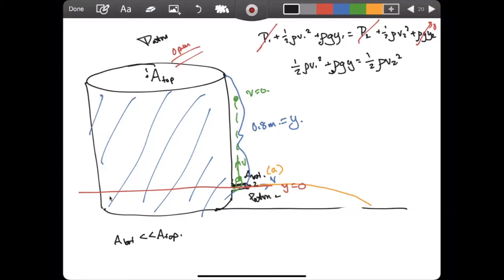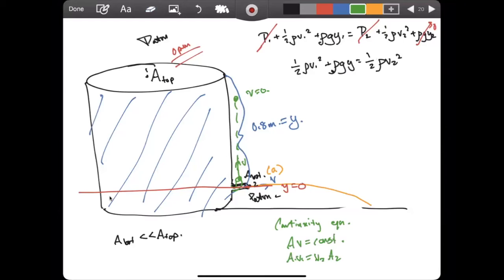Now, the next thing is we don't know what V1 is, and we're looking for V2, but we know by the continuity equation V1 and V2 are related. So let's use the continuity equation to figure out what V1 is. My continuity equation says that, again, our area times our velocity is equal to a constant. So in this case, I'm going to get A1 times V1 is equal to V2 times A2.